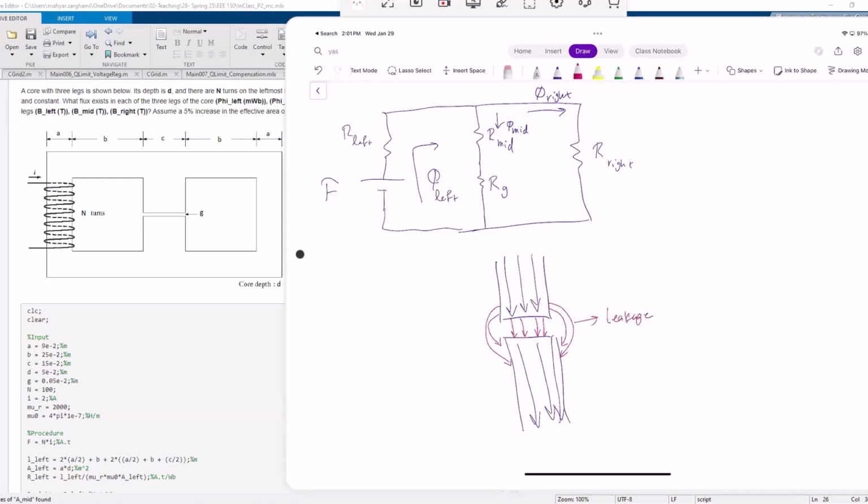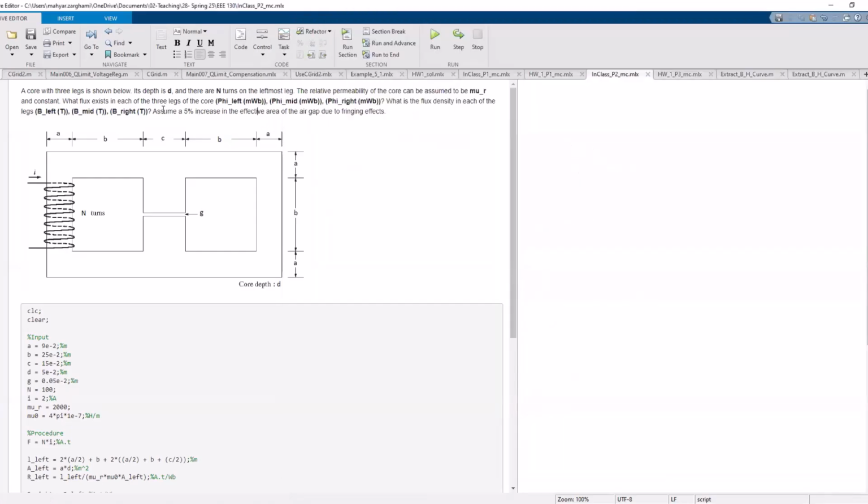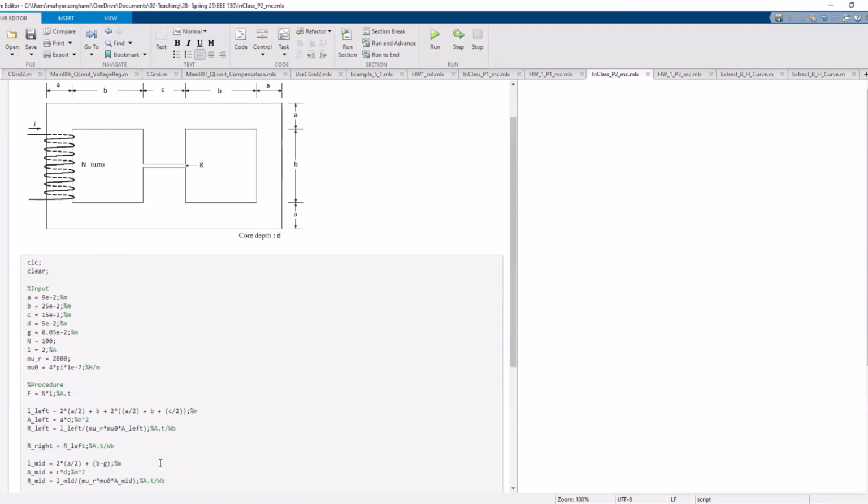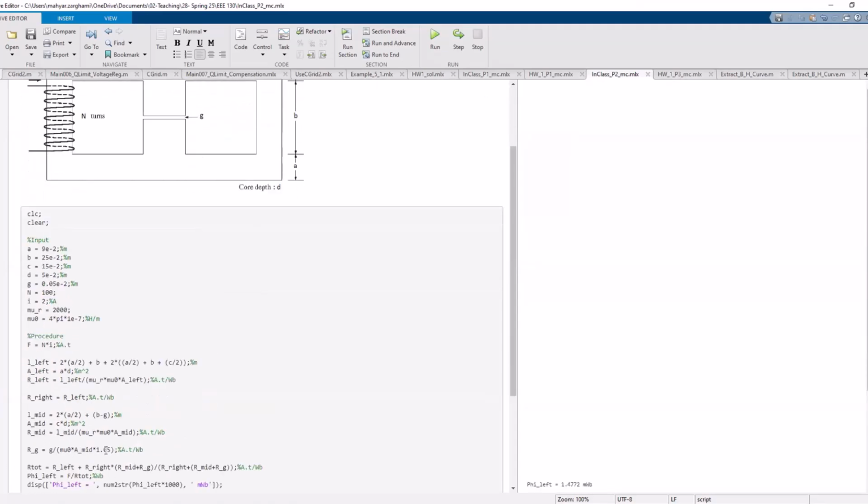So in order to account for that, we should increase the effective cross-sectional area by, for example, 5% to make the reluctance smaller.